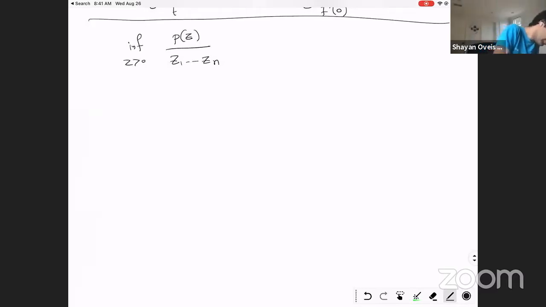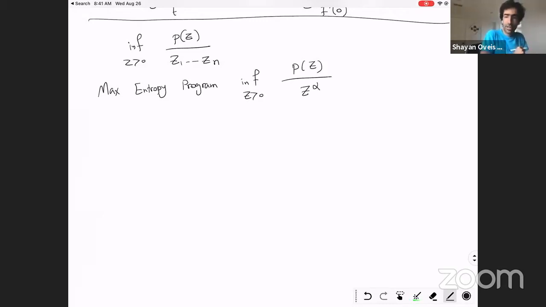I call this program the max entropy program, which is infimum over z positive of P of z over z to the alpha. Now, what is alpha? Alpha is some vector in the non-negative reals. And again, remember, z to the alpha is just the product of z_i to the alpha_i.